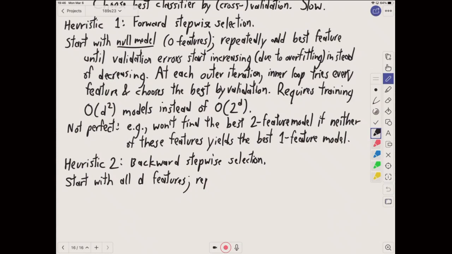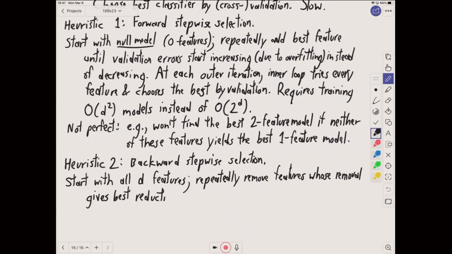And then you just keep removing features that are not predictive. Otherwise, it's basically the same as forward stepwise selection.